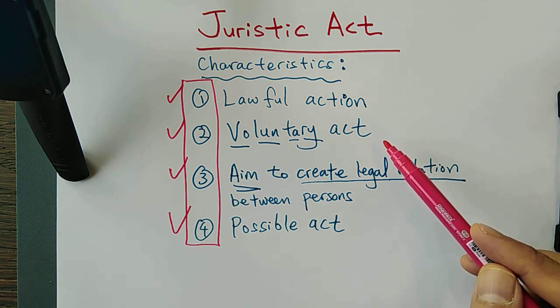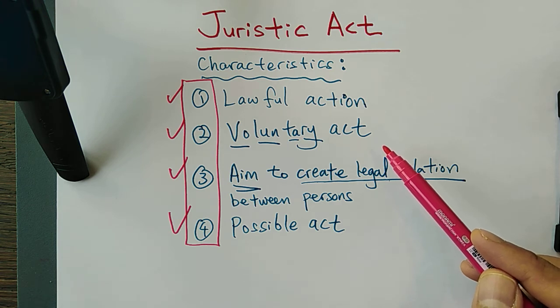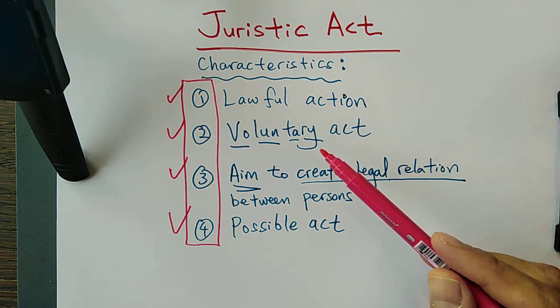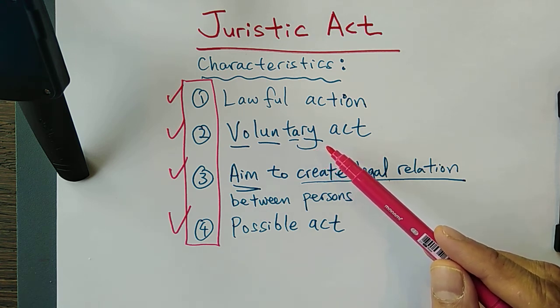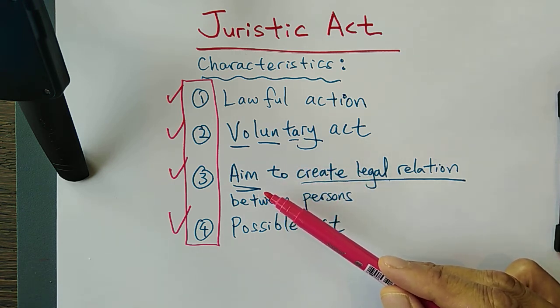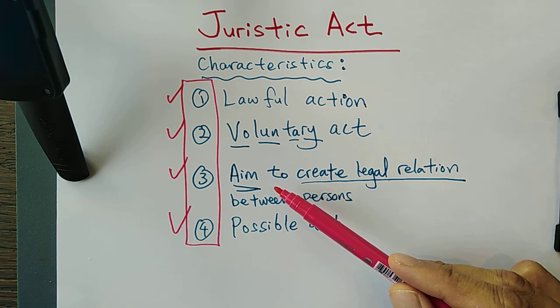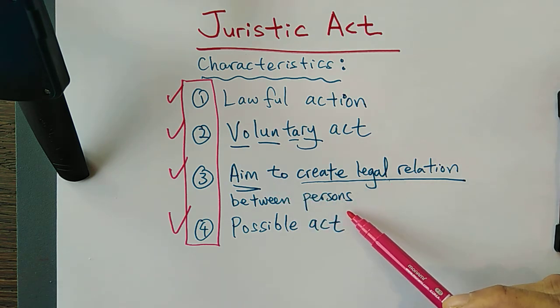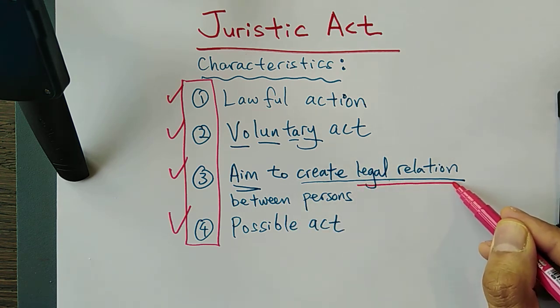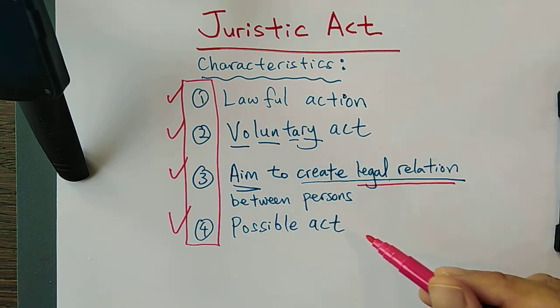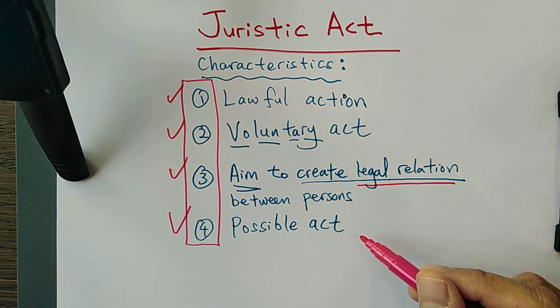Nobody is forcing you, or you have not lost control of your mind because you were intoxicated with some drug or something. Voluntary act done willingly with full intention, knowing what you're doing. It is an action done with an aim to create some kind of a legal relationship between people. Legal relationship here, in most cases for you guys, is a contract. And of course, the act must be a possible act. It cannot be an impossible act that doesn't happen in this world.